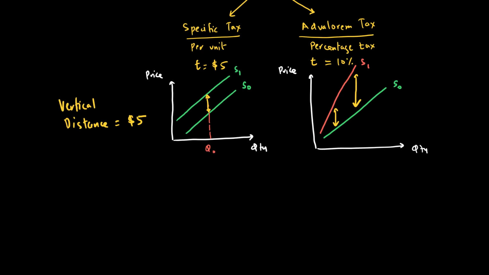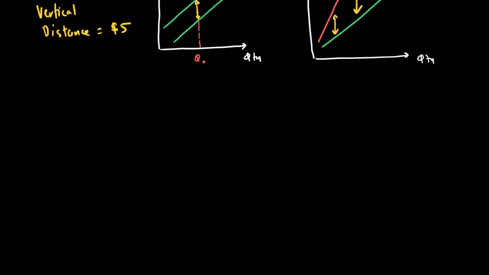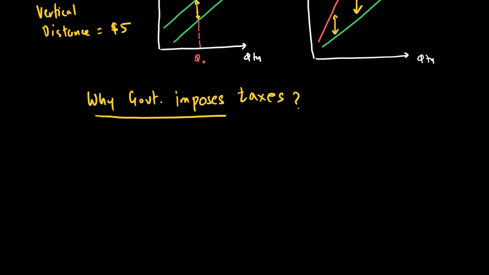Our next discussion is all about why government imposes taxes. So what's the reason why government is imposing taxes? One key reason is that it allows the government to earn tax revenue.